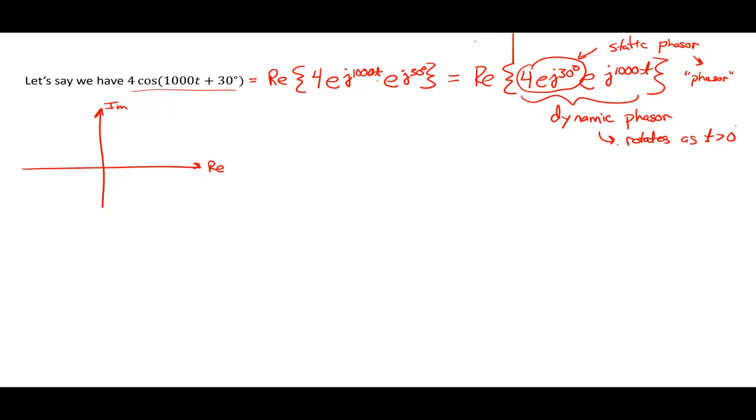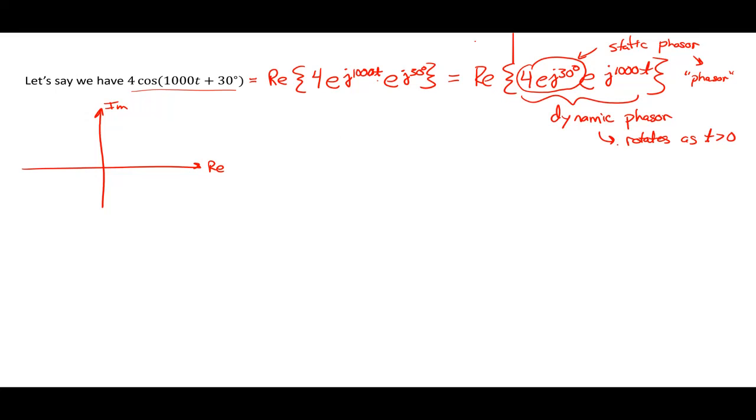So the important thing to note is that as t advances, one thing I can see about this is if I have this angle, this can be thought of as 4 cosine of theta, where theta is simply 1000t plus 30 degrees. So as t advances, the angle changes.